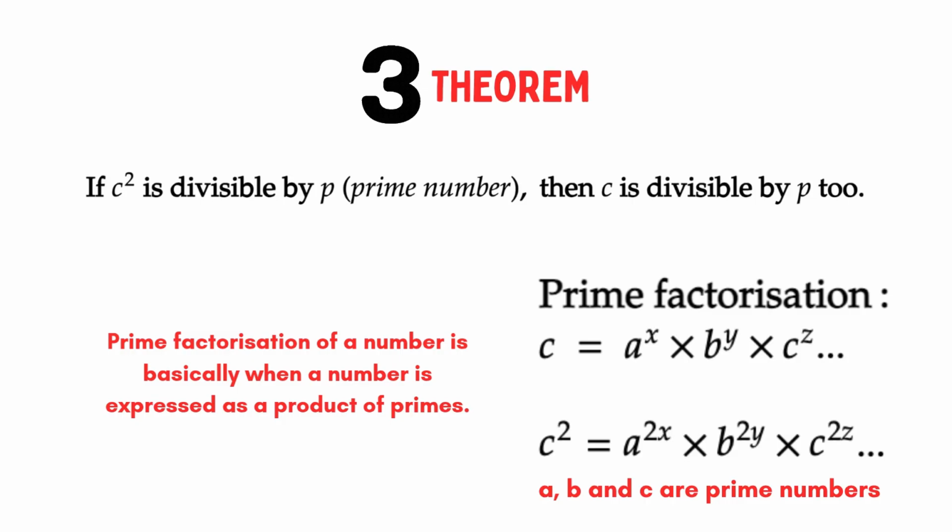So this means that the exponents of these numbers are going to add up. By the way, over here, a and b are prime numbers. So what this really means is that in c squared's prime factorization, there are no new prime numbers, and thus, if a or another prime number like p divides c, it must divide c squared, and vice versa.